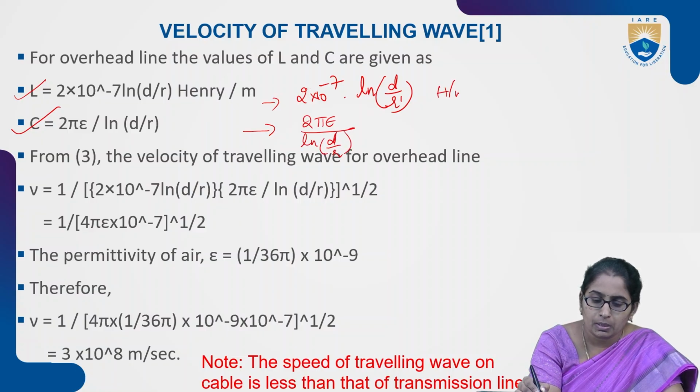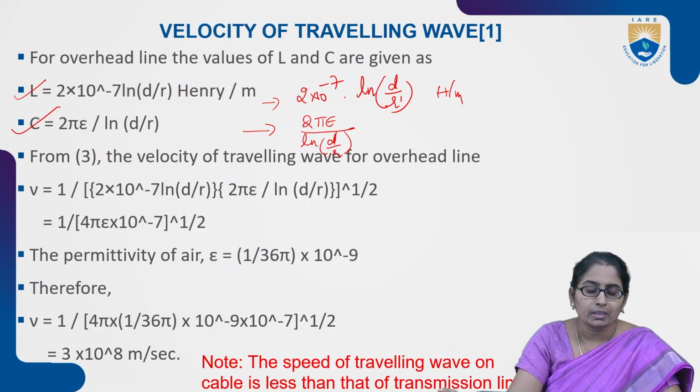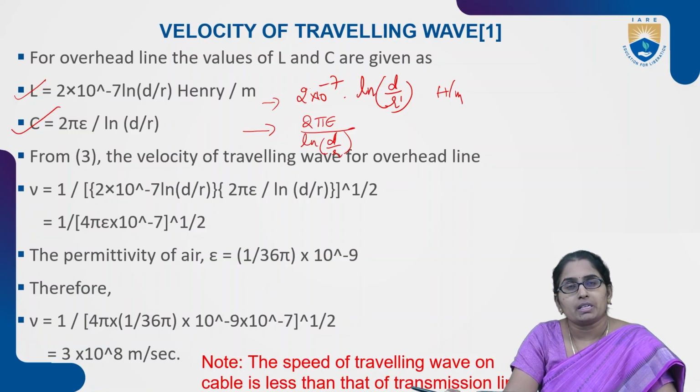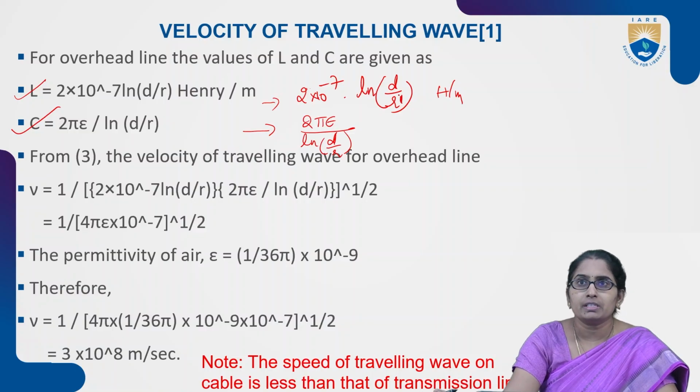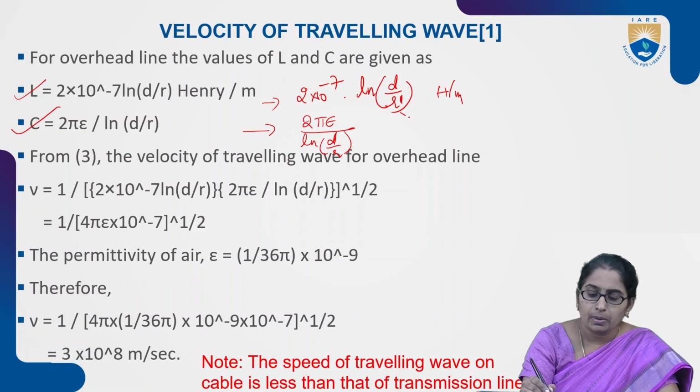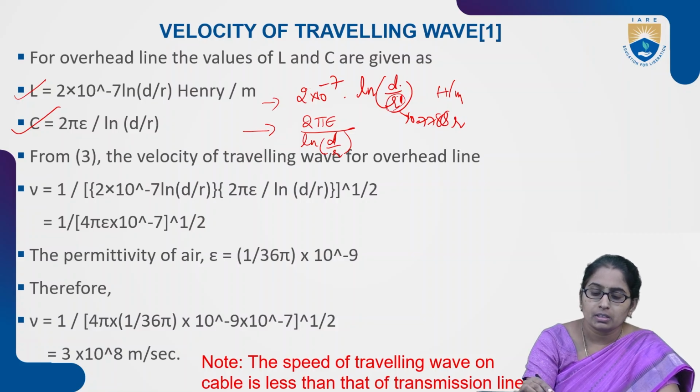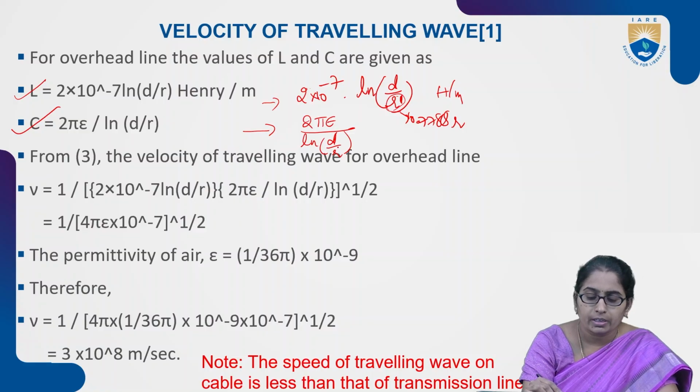These are Henrys per meter and farads per meter, and these are the standard expressions for inductance and capacitance of a transmission line. Now r dash in the L expression is the self GMR, which is given by 0.7788 r. If we approximate it to r, we have log of d by r in the inductance expression, and in the capacitance expression also we have log of d by r.